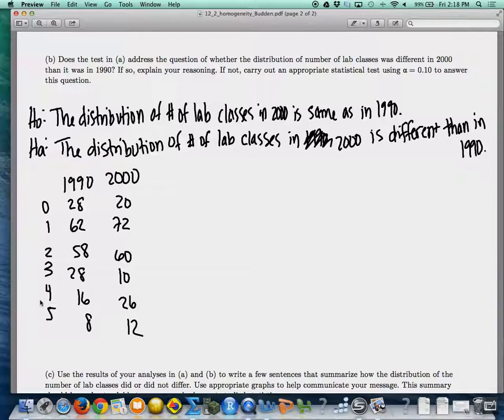Okay, so you would have to find the column totals, you would have to find all those grand totals.